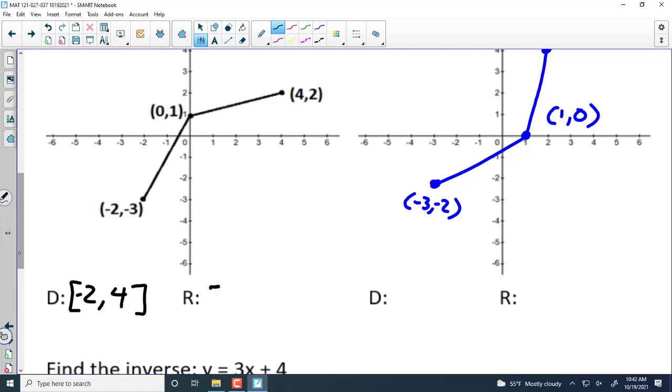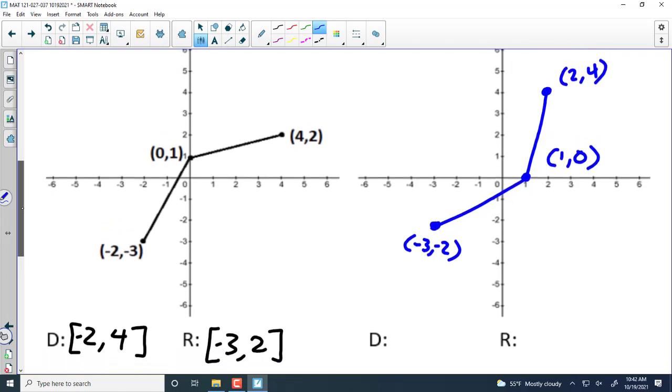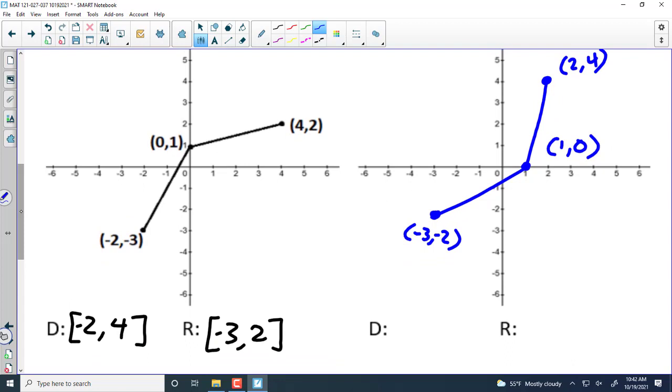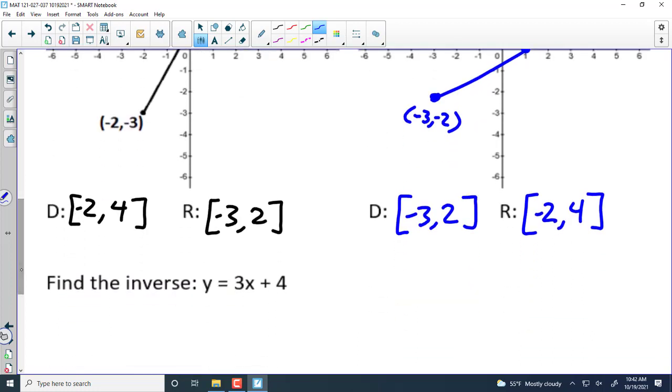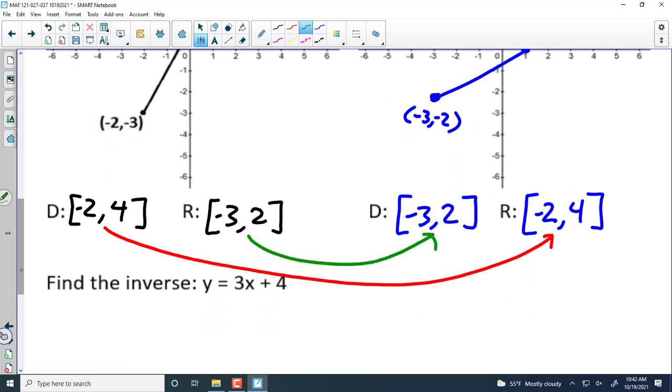Negative 3 all the way up to 2. And what you will notice over here is it's just swapped. So now the domain over here is negative 3, 2, and the range over here is negative 2 to 4. You just switch the entire domain with the entire range. So this goes here, and this goes here.